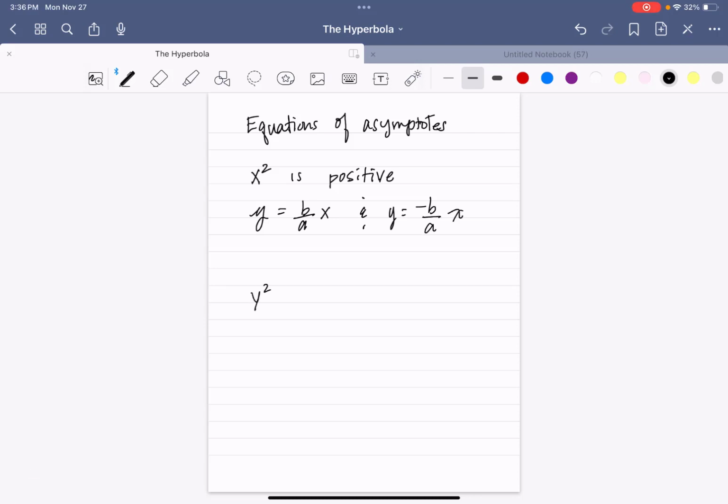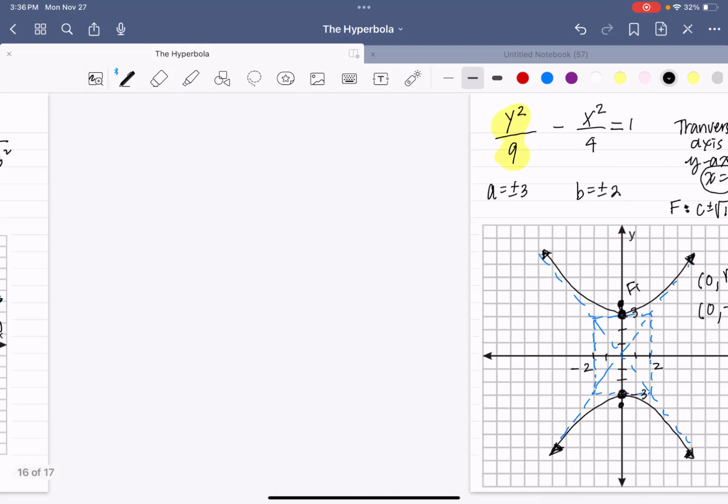And if y squared is positive, it's y equals a over b times x, and y equals negative a over b times x. So let me show you those just from this graph perspective.